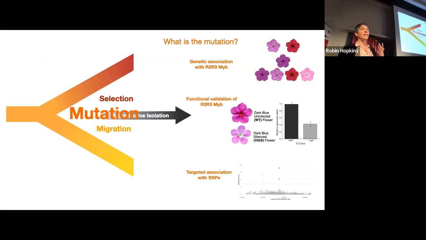And then this targeted deep dive association mapping to narrow it down to what looks like 2 SNPs that could possibly be underlying this change in flower color intensity. Pretty fun.